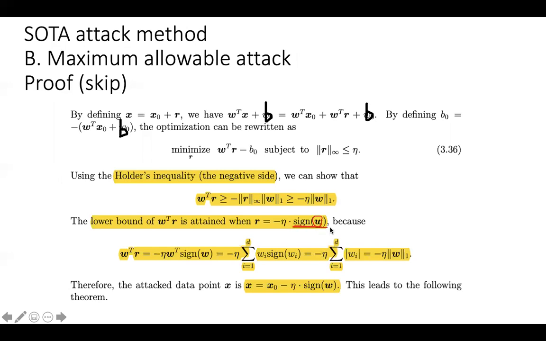Can you give an example? If W, for example, is a scalar equal to 1, then the sign of W is 1. If W is minus 2, then the sign of W is minus 1. So it removes all the scale of W and just leaves the sign of each dimension. Yes, so it's the direction.